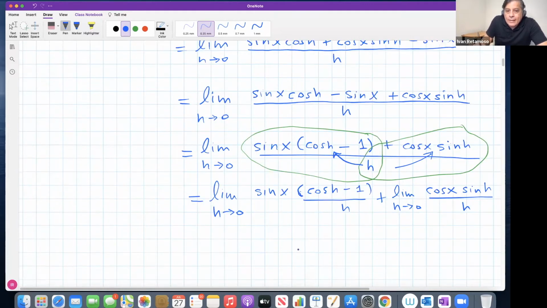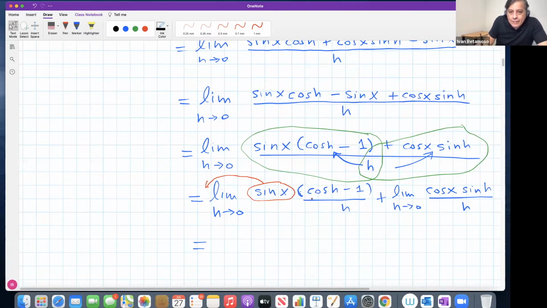And now notice that this sine of x behaves like a constant for this variable h. The variable is h, this is the variable part, but sine of x behaves like a constant. So I can pull this out here.